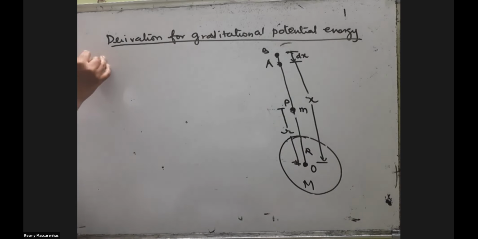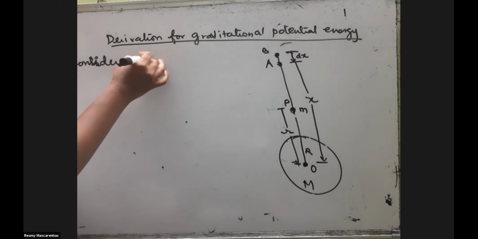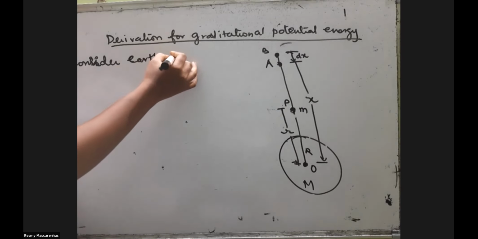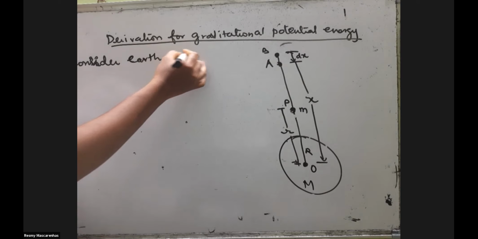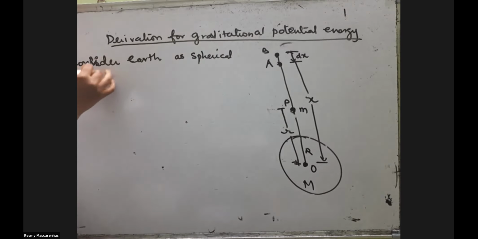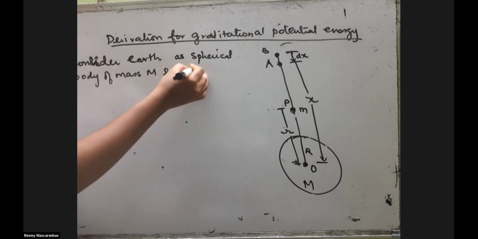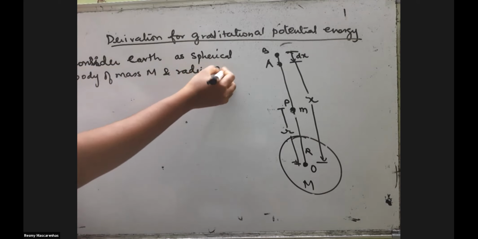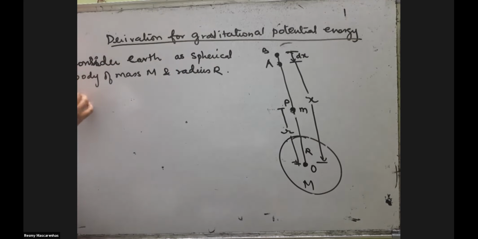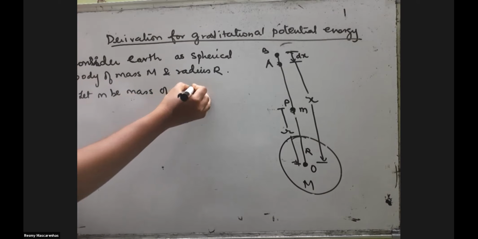Right? Consider Earth as a spherical body of mass M and radius R. Let m be the mass of a small body.